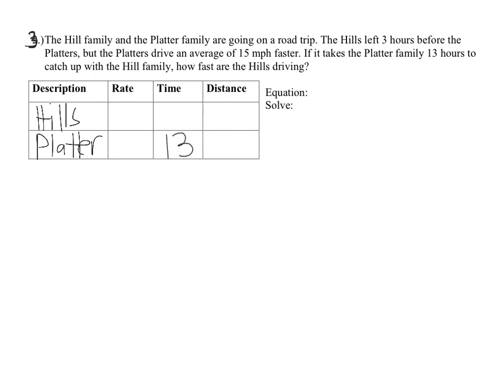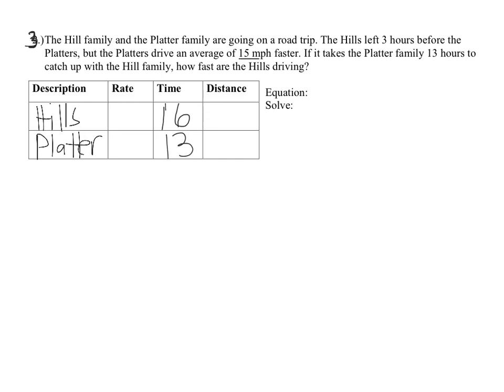So now the Hills left 3 hours before the Platters. So think about this. If the Hills left first, are they traveling more time or less time than the Platters? Well, they're traveling more time because they left first. They left before. So they are actually going to be traveling for 16 hours. Now, the thing we don't actually know is their rate.